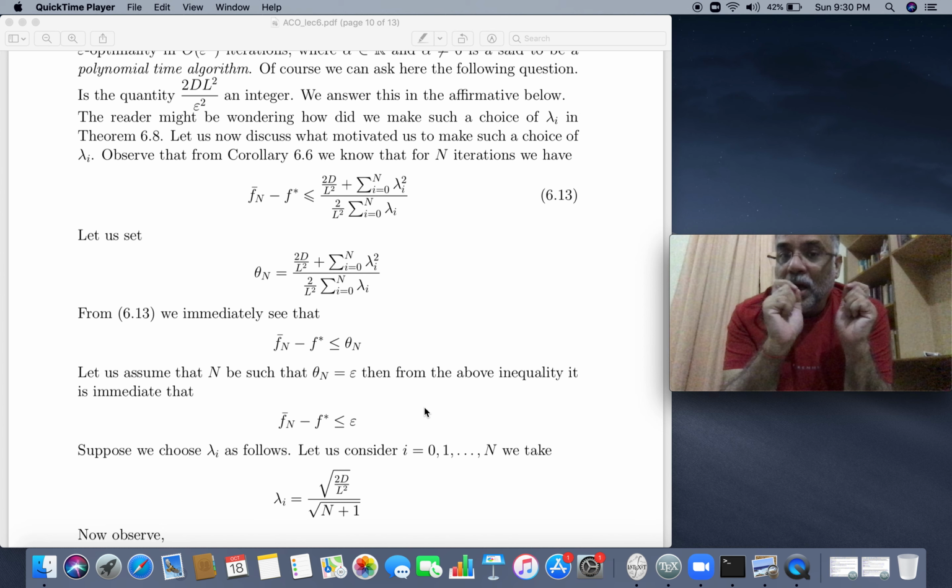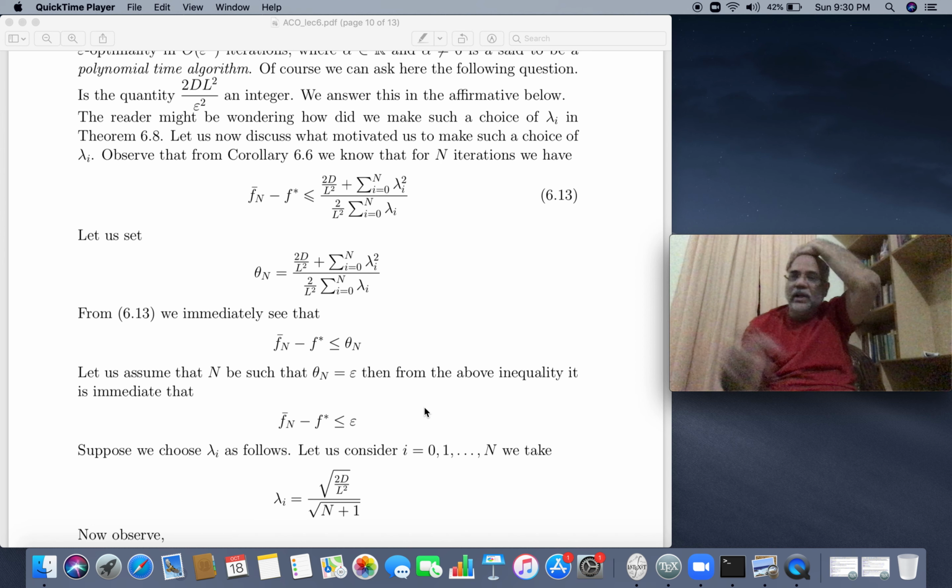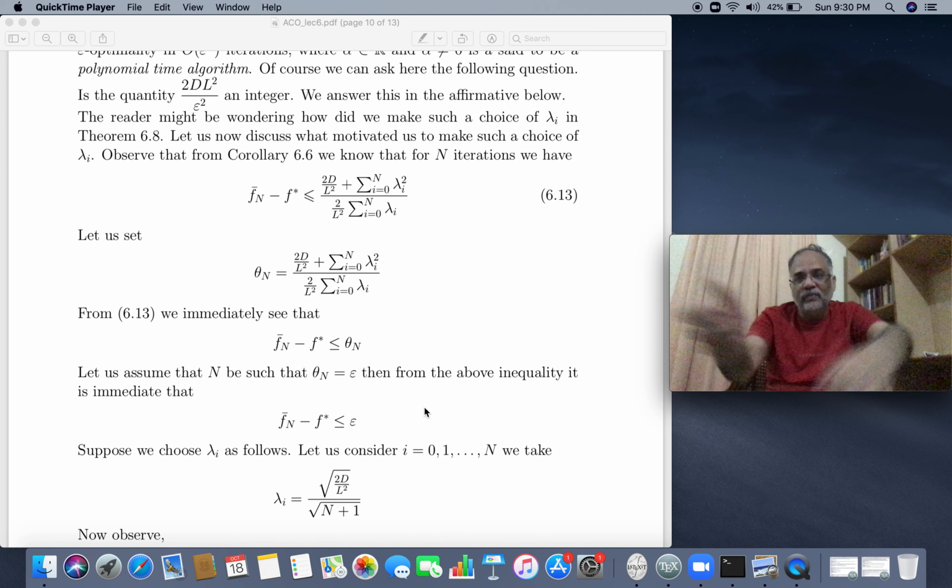I now have to choose step lengths up to capital N only, because I know that at capital N I can stop, since I've chosen theta n to be epsilon.